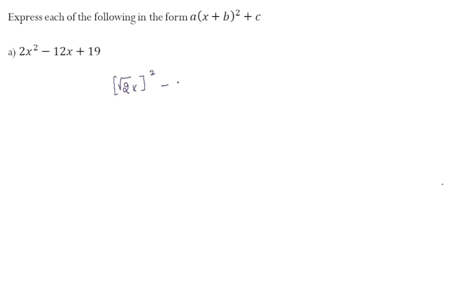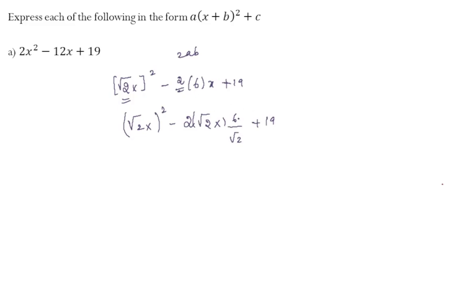And we can split the middle term, 6x, as 2 times root 2 x times 6 by root 2 with a minus sign. For the 2ab, we have a 2. Instead of a, we require root 2.